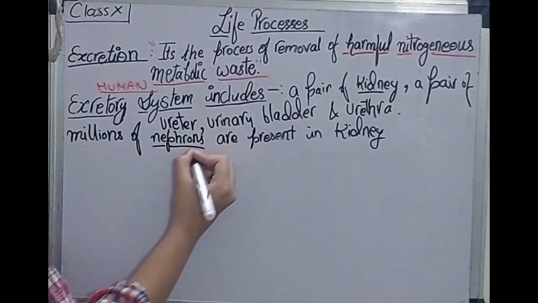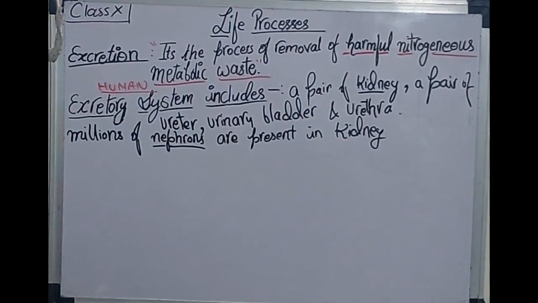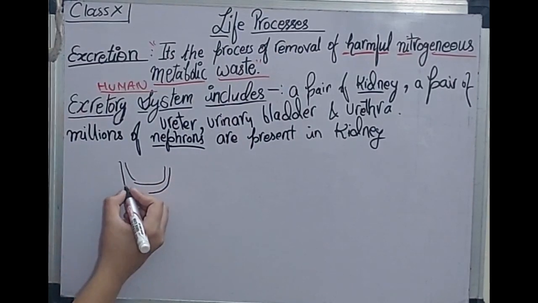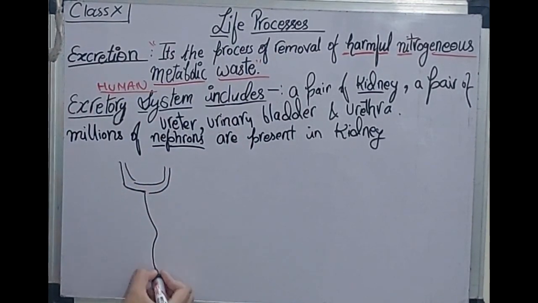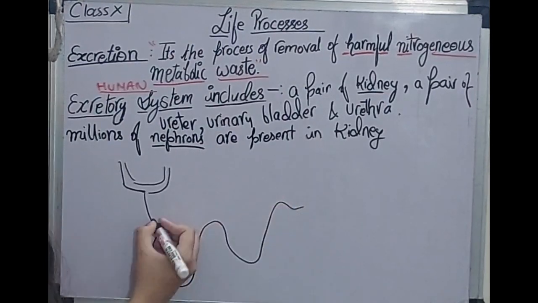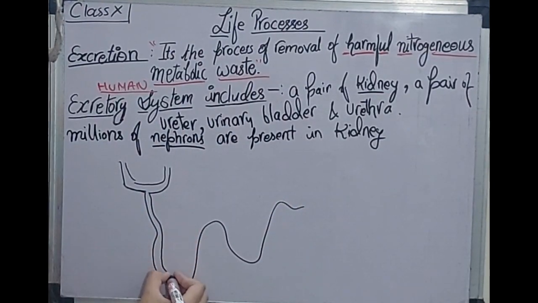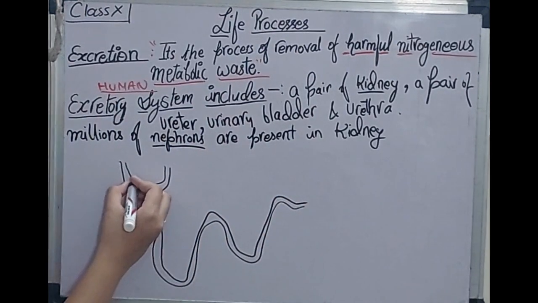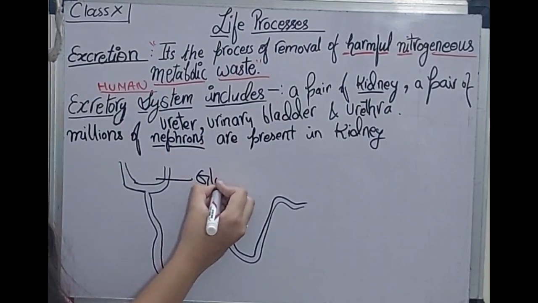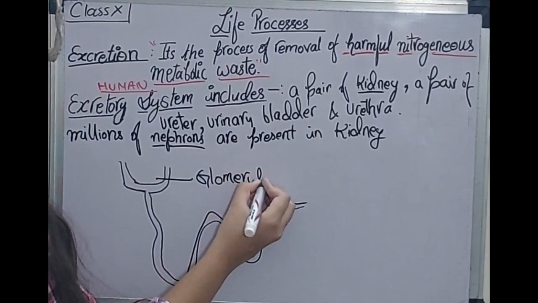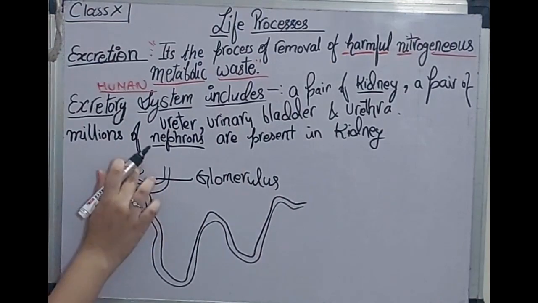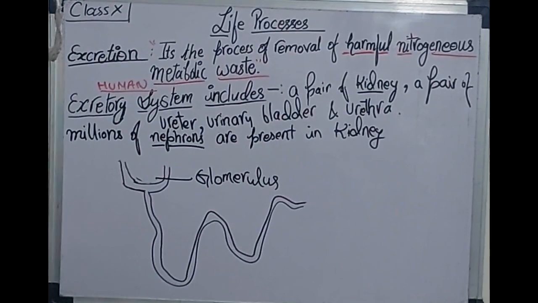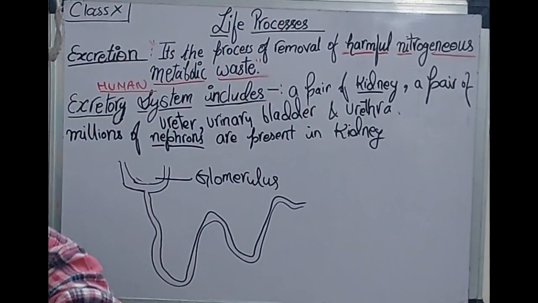Now, a nephron is actually a structure something like this, not very exact, you can consider your book for this, but something like this, where this part is known as the glomerulus. Okay, and there are blood capillaries located like this. I am talking about inside the kidney here. Nephrons are located inside the kidney, millions in number.